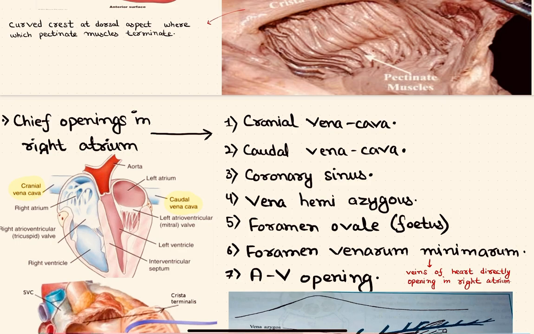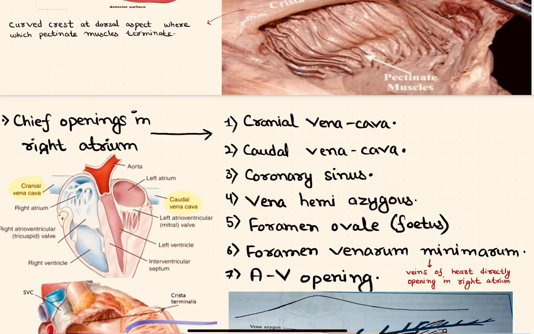So the deoxygenated blood of the heart goes to the right atrium via a vein, and that vein is the coronary sinus. And this coronary sinus opens in the right atrium just below the caudal vena cava, very close to the caudal vena cava and the vena hemiazygos. Now what is this vena hemiazygos?